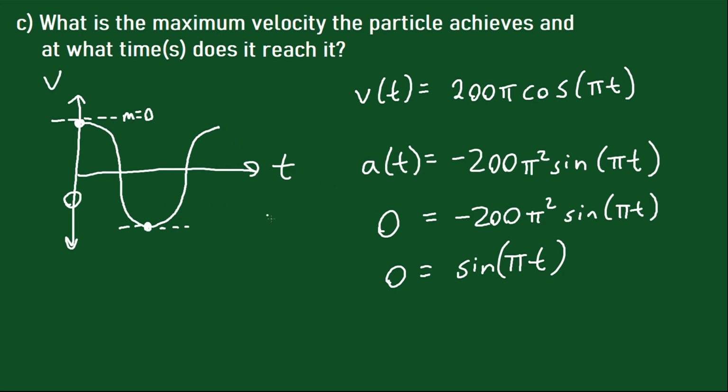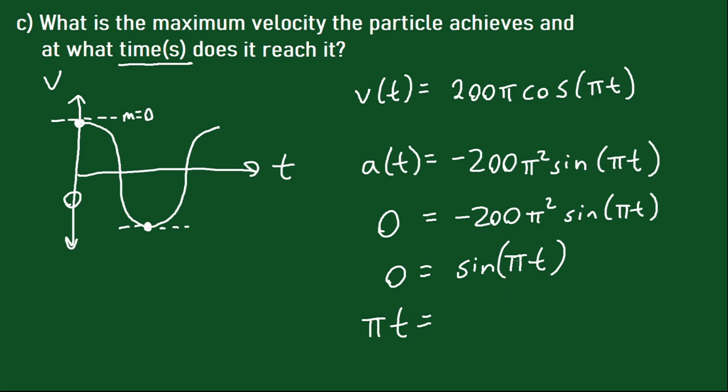This is a continuous function. It keeps going to the right and to the left. And the question actually asks us for multiple answers: at what time or times does it reach this maximum? So instead of just taking sine inverse, I'll ask myself the question, sine of what gives me 0? Well, pi t equals what?